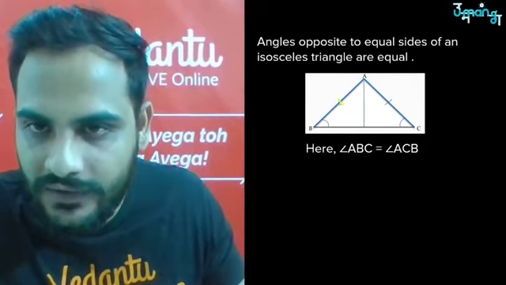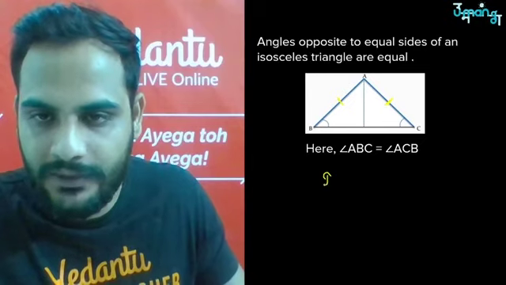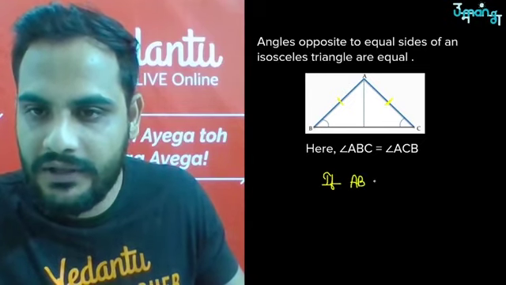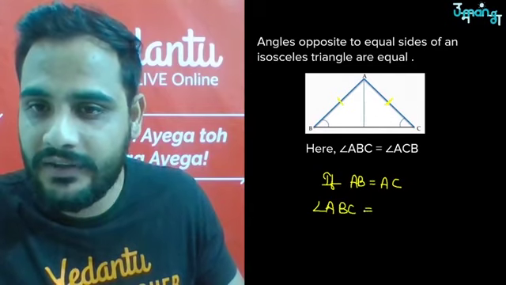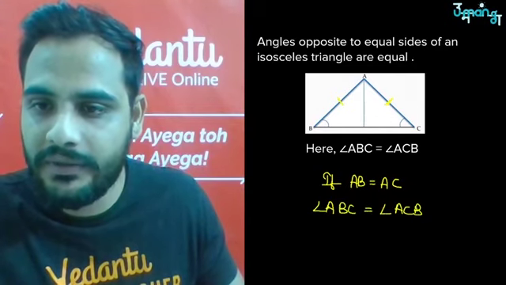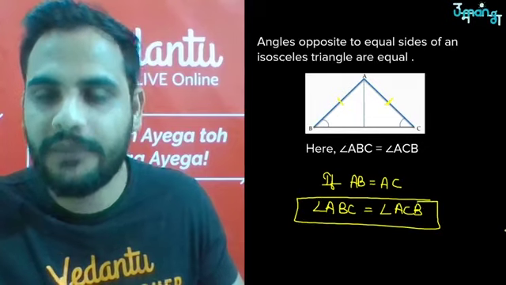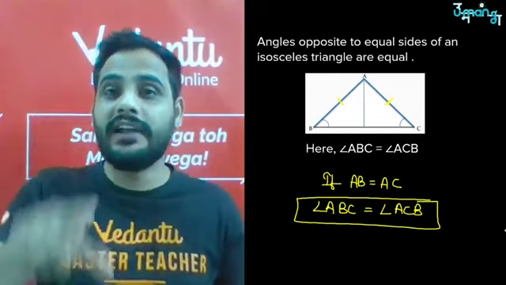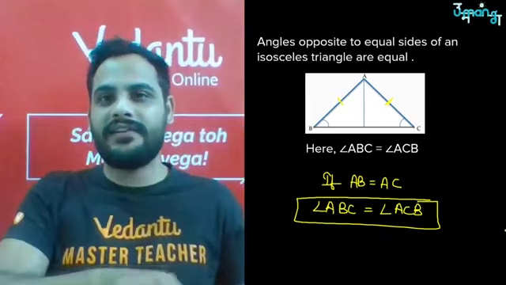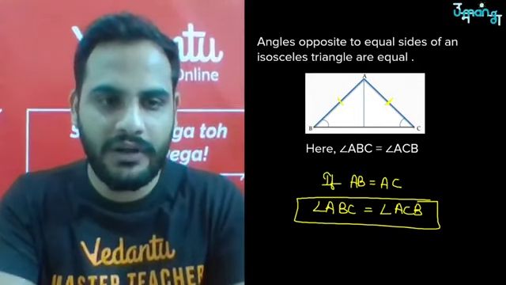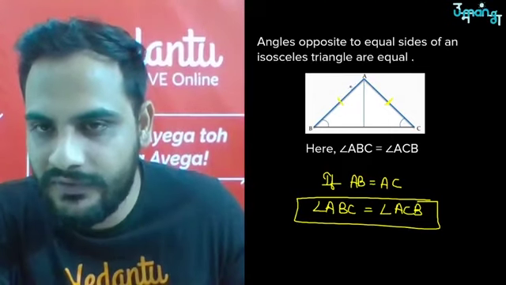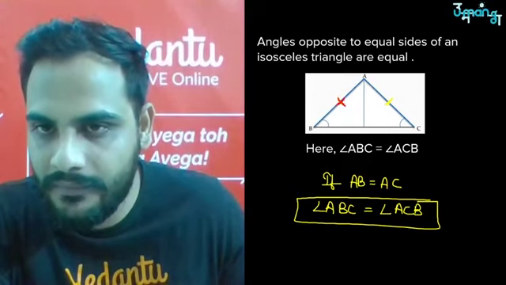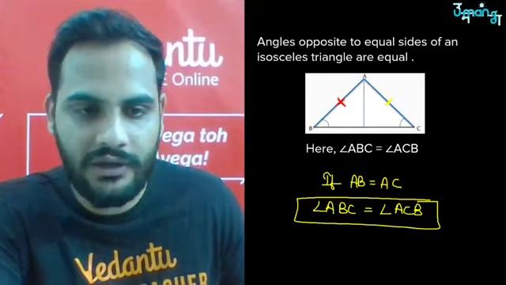So I have told you that if AB is equal to AC, I can say angle ABC will be equal to angle ACB. The angles will also be equal. Which angles? Opposite to equal sides. Look, what is the meaning of opposite? Suppose this AB is the equal side, AB is your equal side.